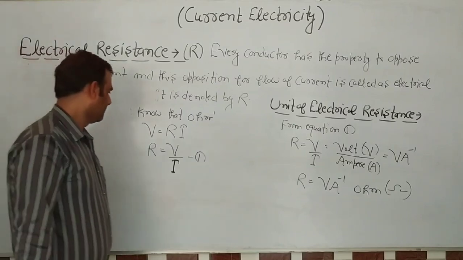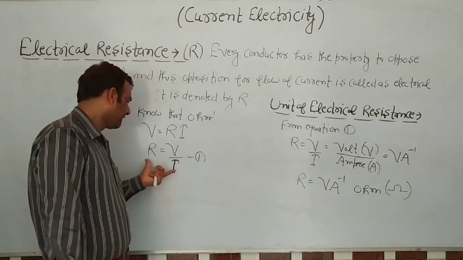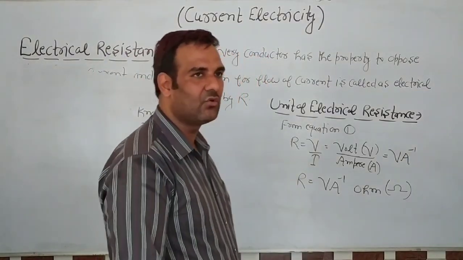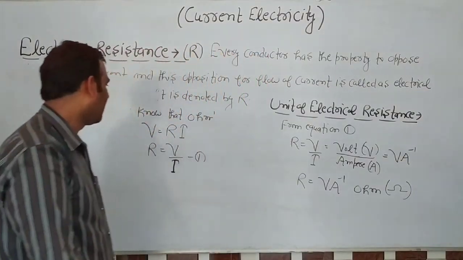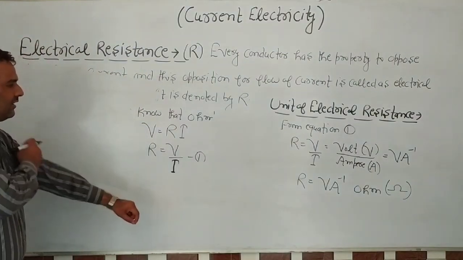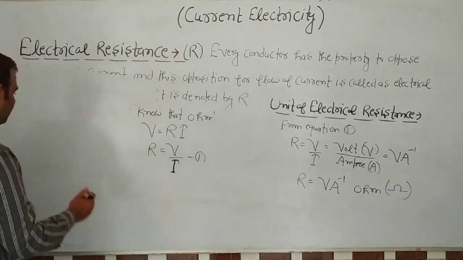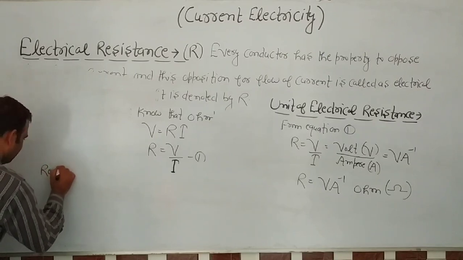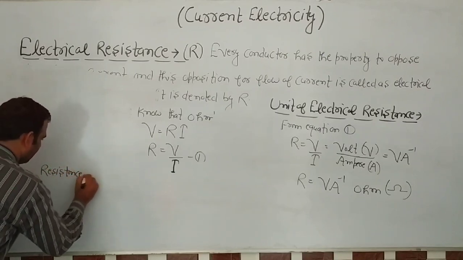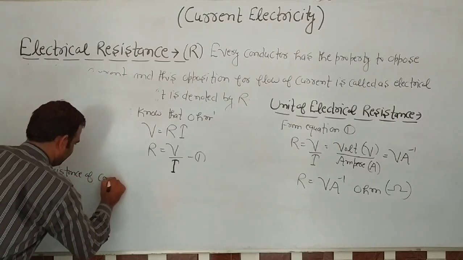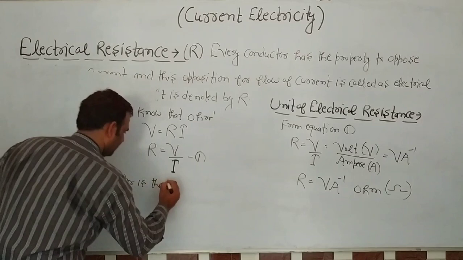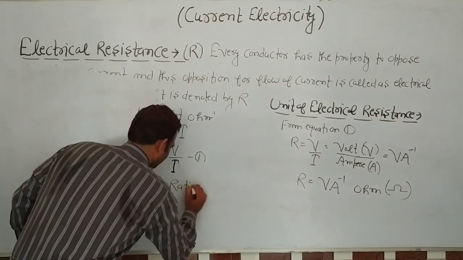क्लियर? यहां से हमने कैसे लिख दिया? रेजिस्टेंस क्या है? रेजिस्टेंस ऑफ ए कंडक्टर इज द रेशियो ऑफ पोटेंशियल डिफरेंस अप्लाइड अक्रॉस द एंड्स ऑफ कंडक्टर टू करंट फ्लो थ्रू इट.